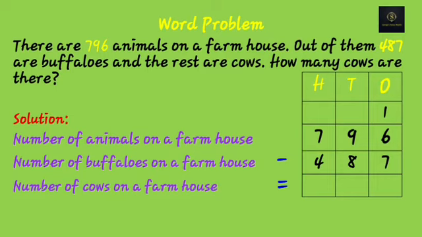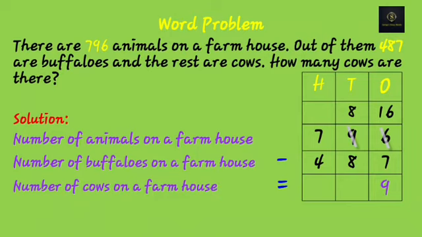And now in the tens column there are 8 tens remaining. And in the ones column now 16 ones are there. Now can we subtract 7 from 16? Yes. So 7 minus from 16 is equal to 9. So here we write 9 in the ones column.